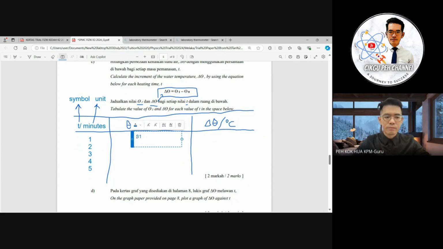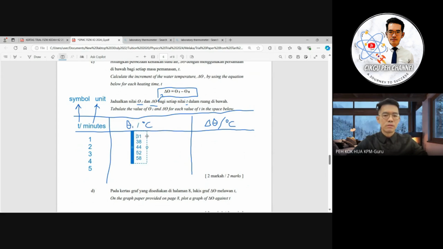After that, 38, for example. Then you get 44, then 52, then 58, for example only. You are supposed to get increases, because when we give heat, temperature should increase. It's impossible to drop, right?